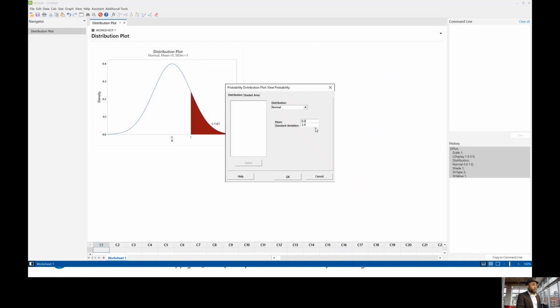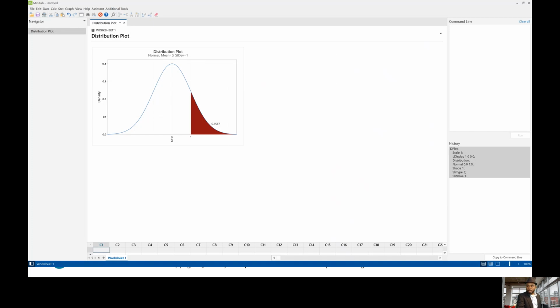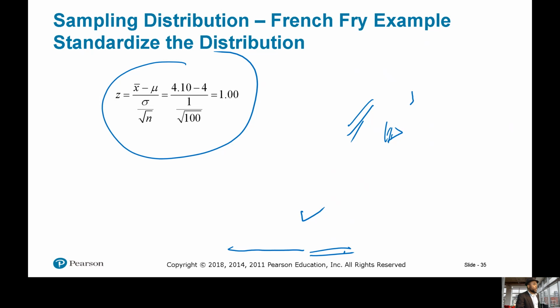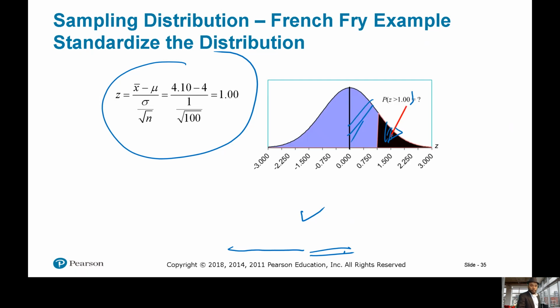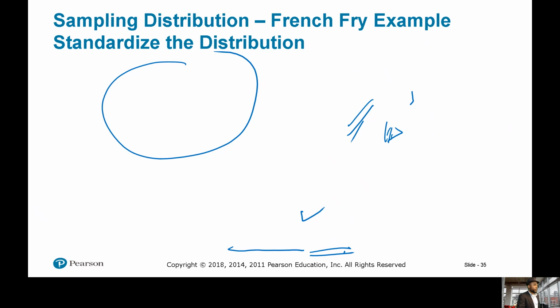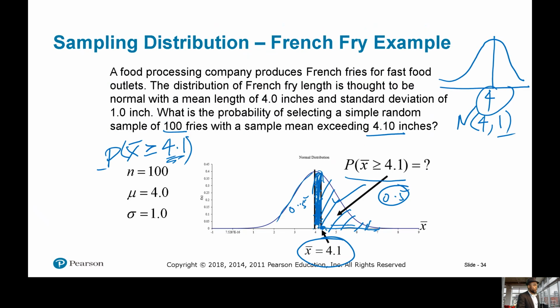The standard deviation will be 0.1 this time around. And what's the mean? Let's check again so we enter the right value. The mean mu is 4. So 4 and 0.1.